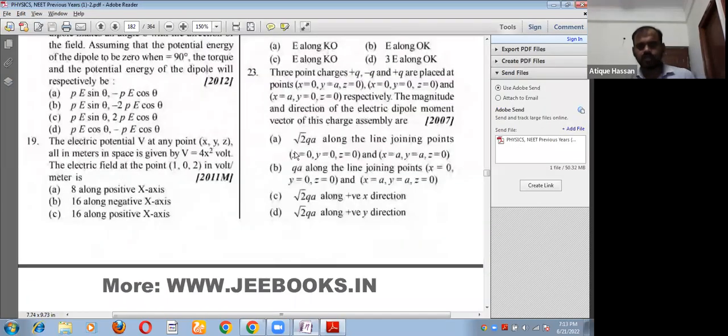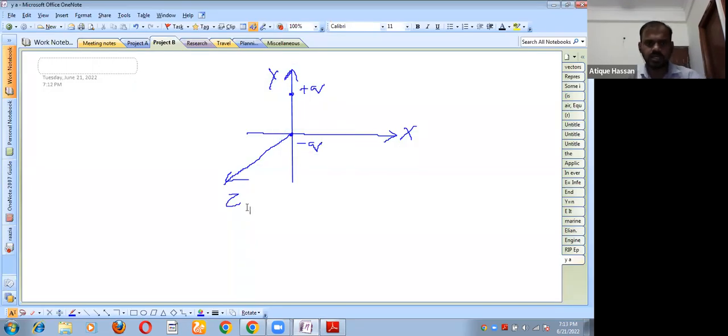And if you see, plus Q charge is again at X equal to A. So there is one more plus Q charge at X equal to A, suppose here. Got it? You understood the locations of the points?